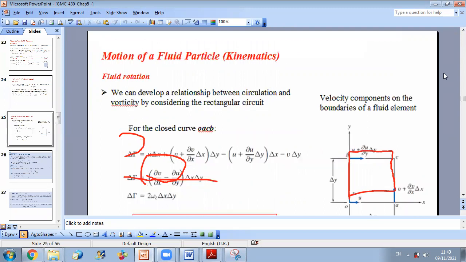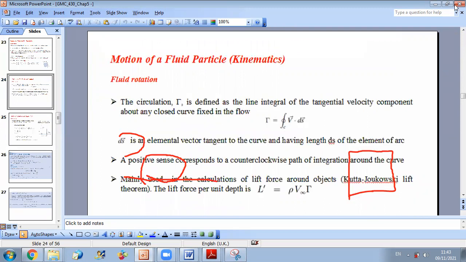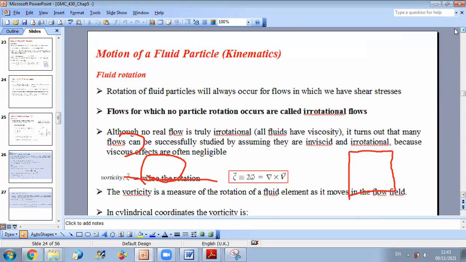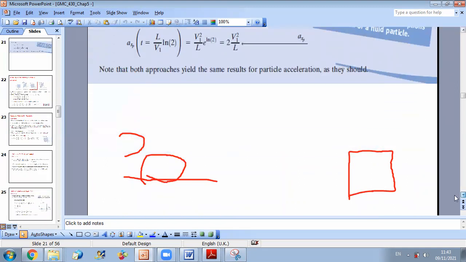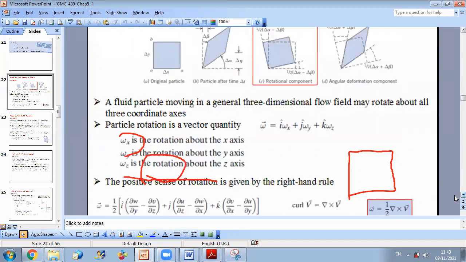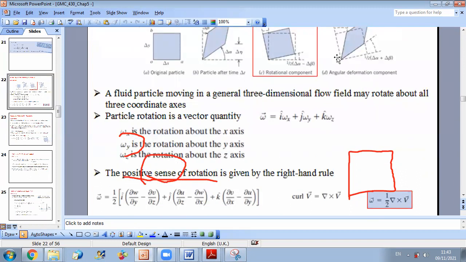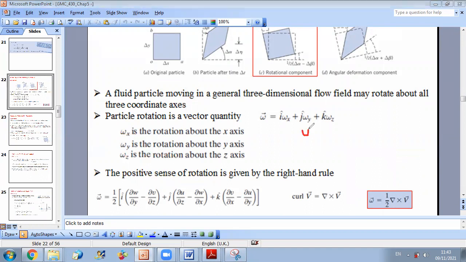So how do we define the velocity omega from this relation? This is the general definition of omega. If you have a 2D flow where you only have U and V, and you don't have W, W is 0, what will happen?